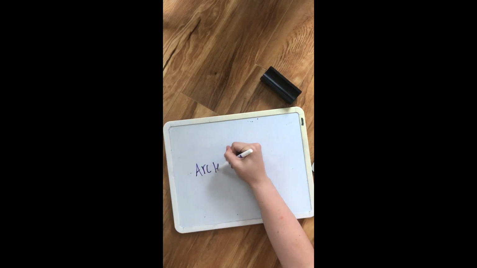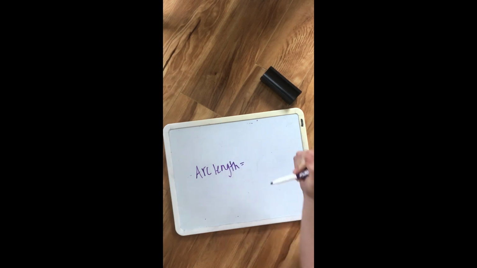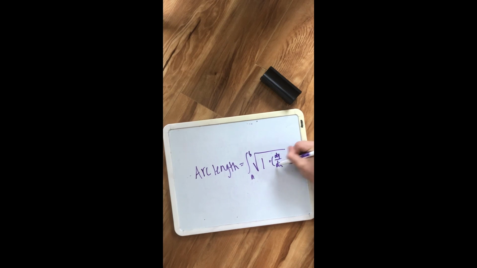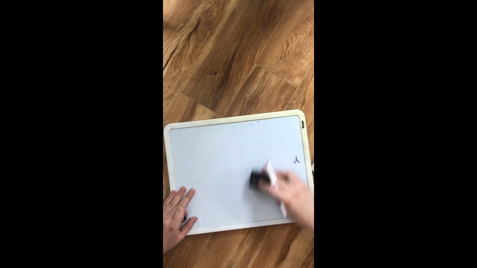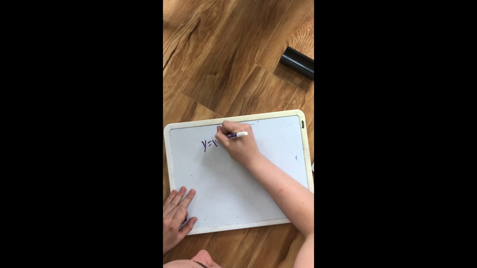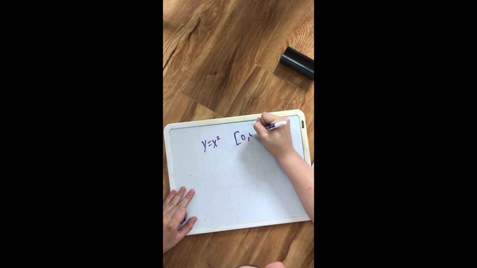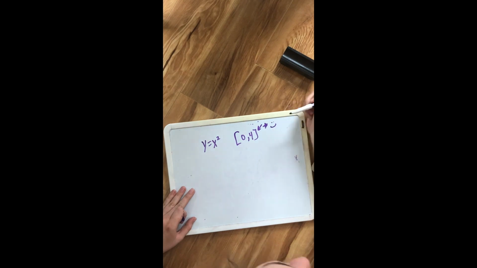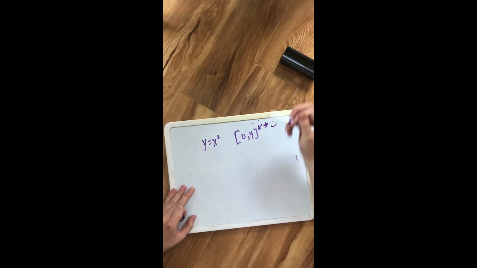Arc length, the positive length, equals the integral from a to b of the square root of 1 plus dy/dx squared dx. For example, if we wanted to find the arc length of the curve y equals x squared on the interval 0 to 4, we must establish that the bounds of integration are 0 to 4 and that dy/dx is equal to 2x.